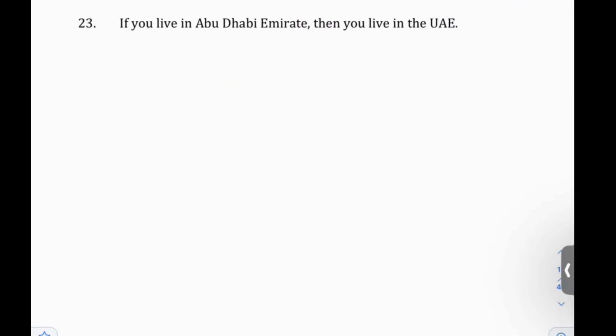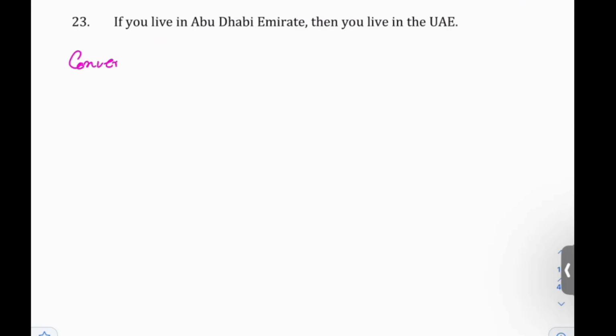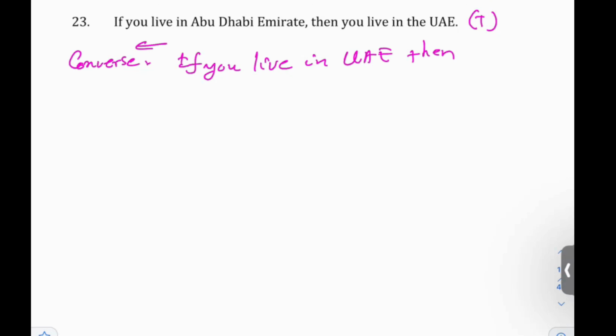Now, finally, for this part of the lesson, if you live in Abu Dhabi Emirate, then you live in UAE. This is the conditional. So let's talk about the converse. Converse, we said this direction. If you live in UAE, then you live in Abu Dhabi.